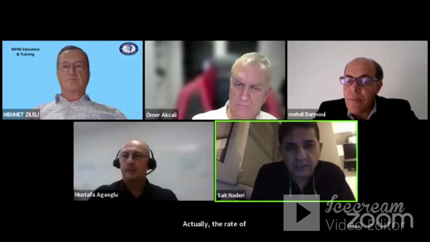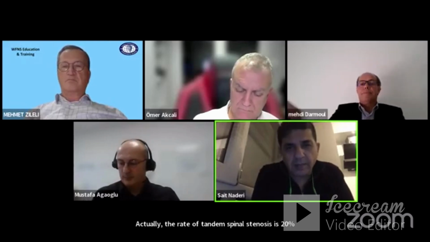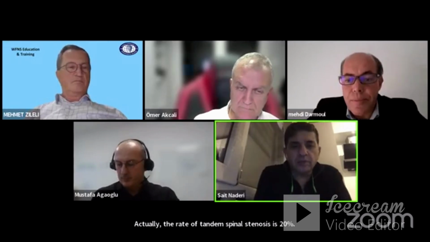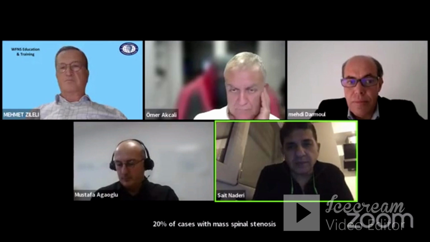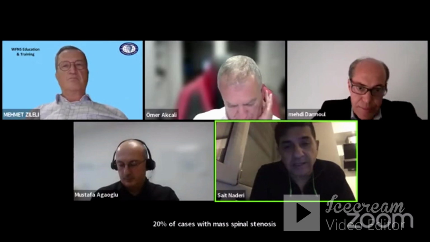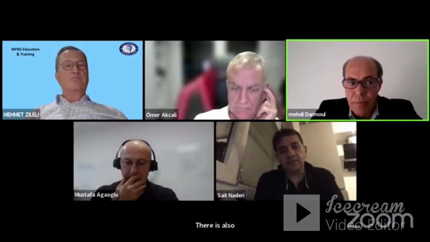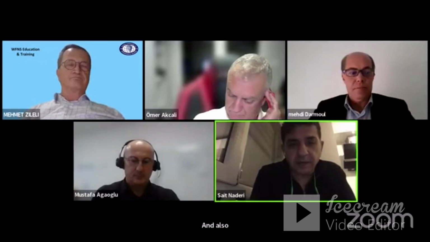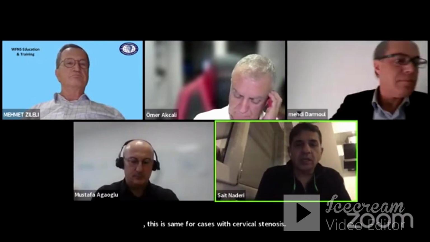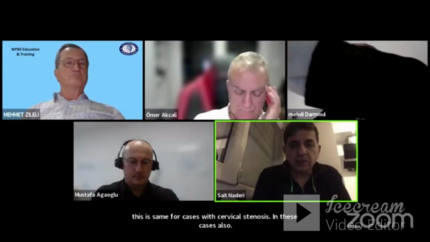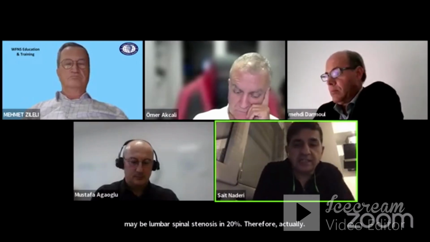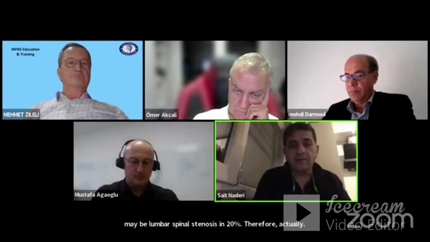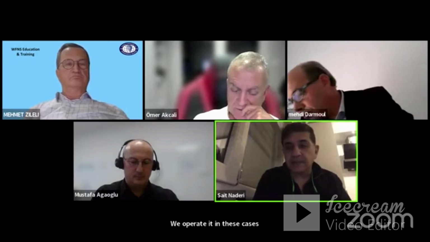Well, actually, the rate of tandem spinal stenosis is 20%. I mean, in 20% of cases with lumbar spinal stenosis, there is also cervical spondylotic cervical spine stenosis as well. And also, this is the same for cases with cervical spinal stenosis. In these cases also, there may be lumbar spinal stenosis in 20%. Therefore, we operated in these cases on the cervical and the lumbar spine in some cases.